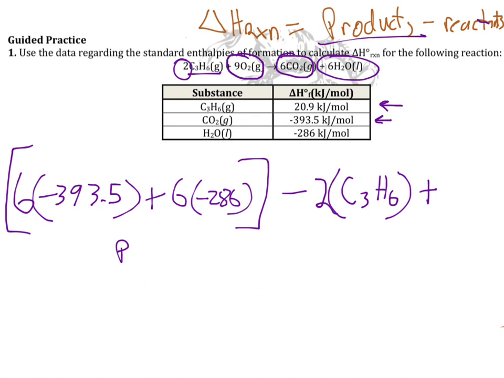However, this chart right here does not give us the heat of formation of the oxygen gas. And the reason why it does not is because it is an element, and elements have a heat of formation of 0. And that's just the definition of that. So all elements will have a heat of formation of 0.